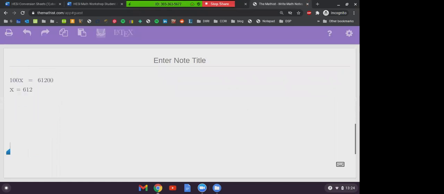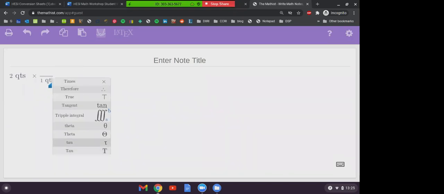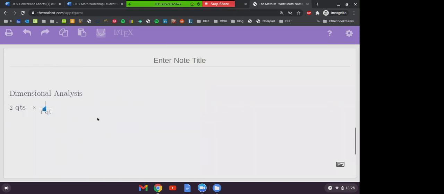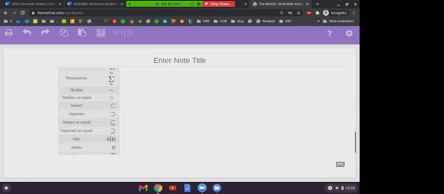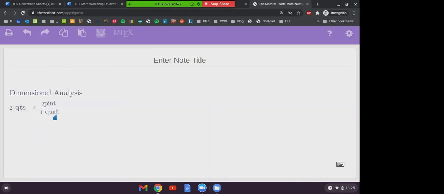So we start with what we know. This is called dimensional analysis, and that's the way I like to do conversions. There are other ways, but this is the way I like to do it. Start with what you're given, 2 quarts, and multiply by the conversion factors.